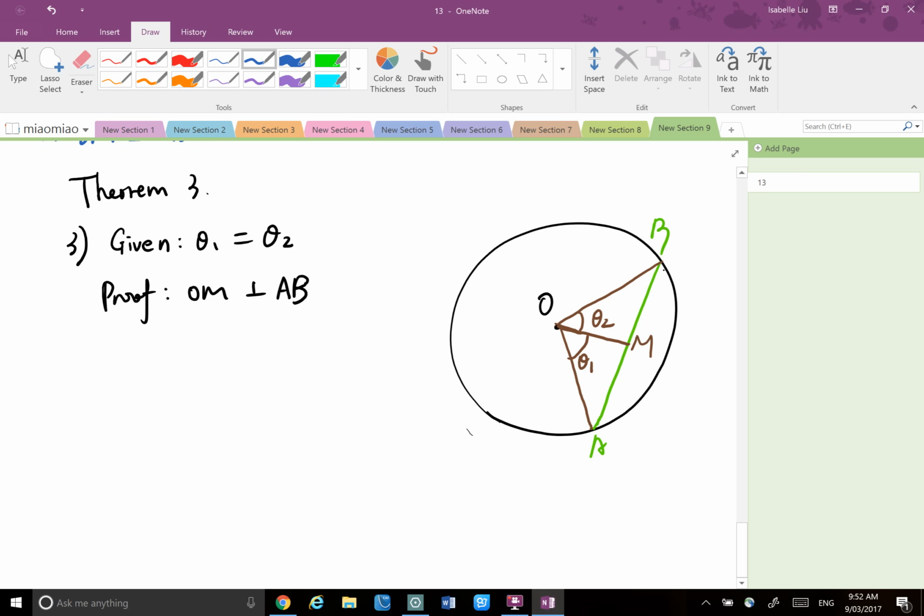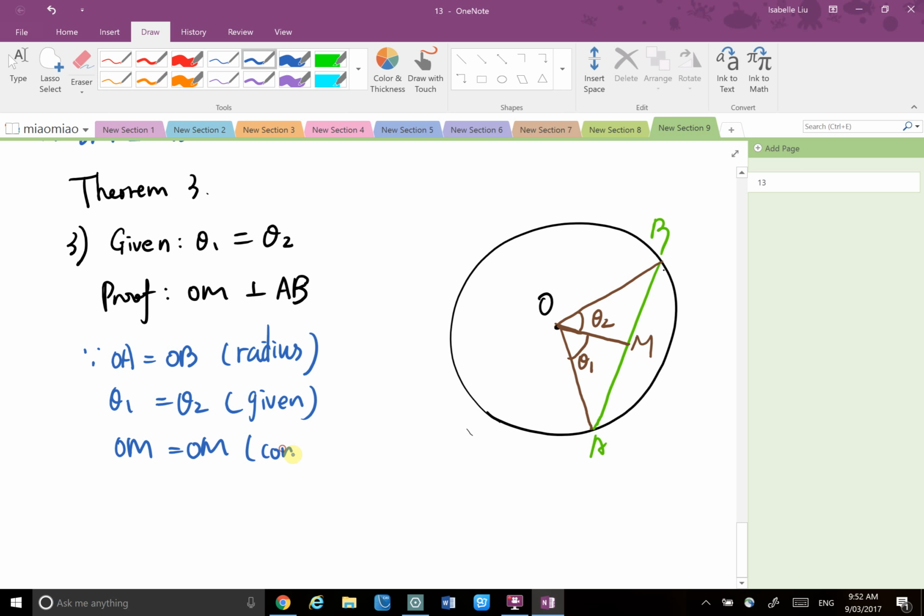Because OA equals OB, which is the radius, and theta 1 equals theta 2, that is given in the question, and also OM equals OM, that is the common side.